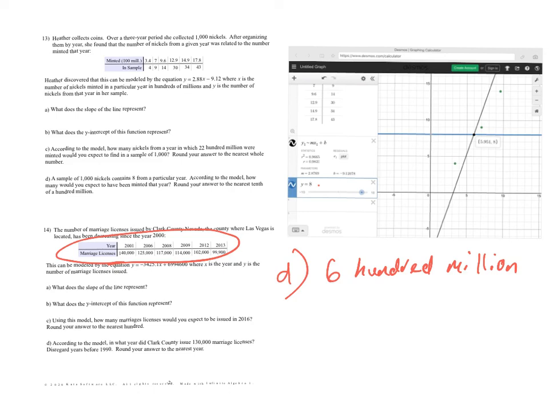So instead, use the x values of 1, 6, 8, 9, 12, and 13. Those are the years since 2000. That will make your life easier when you go to find things.